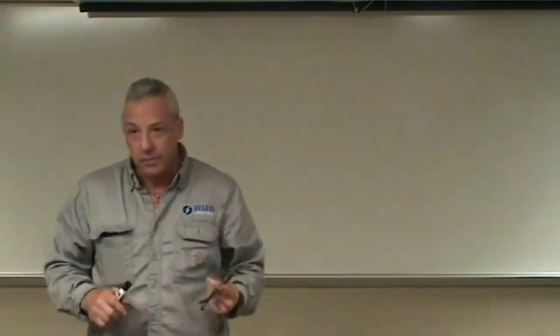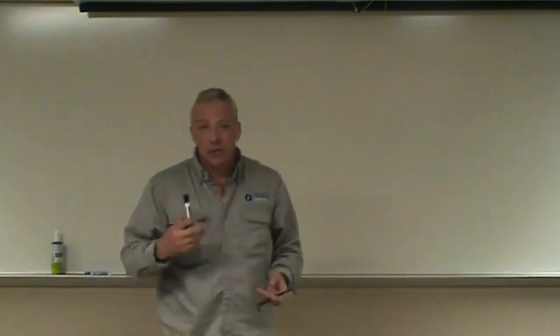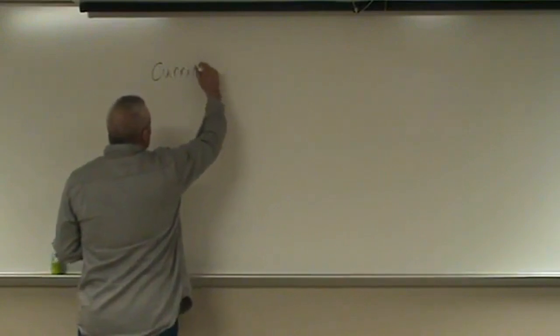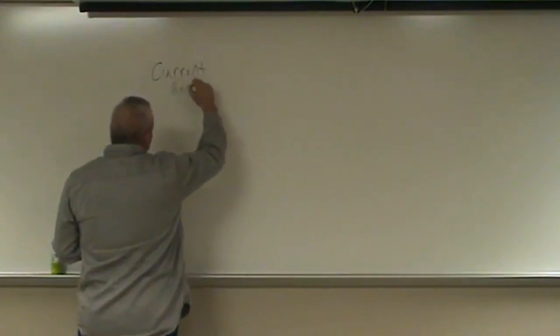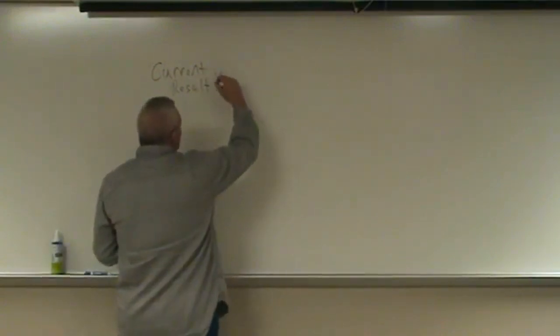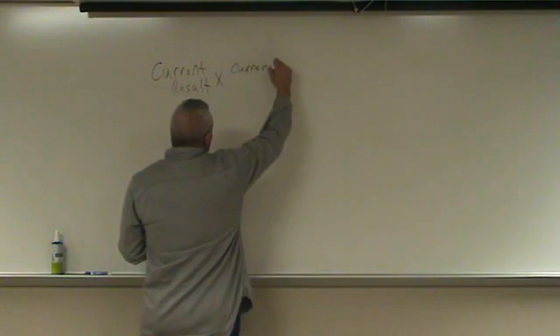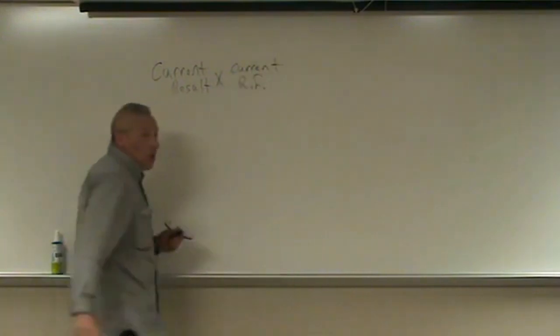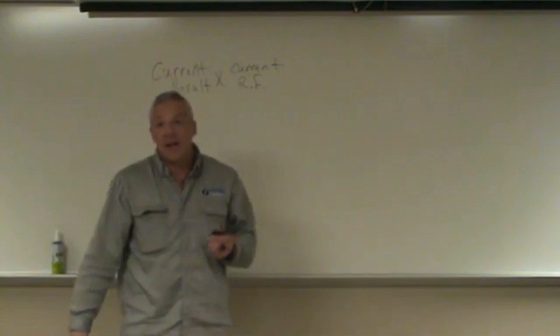Okay, so whenever we are doing a calculation to do a response factor, which is the way I'm teaching everyone to do the Yokogawas, we are going to do current result times our current response factor, which in this case Yokogawa calls it area.